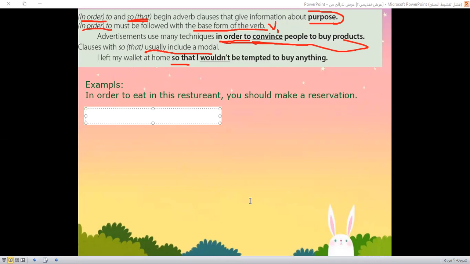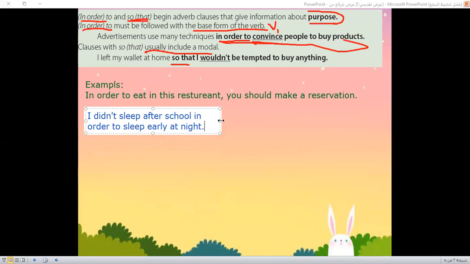What else? I didn't sleep after school in order, there is no comma now, in order to sleep early at night.